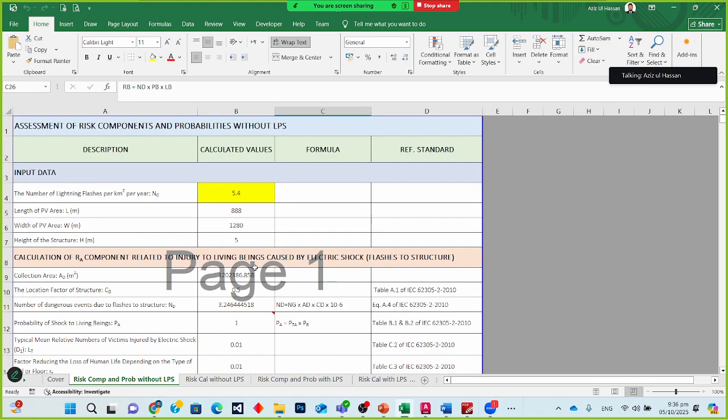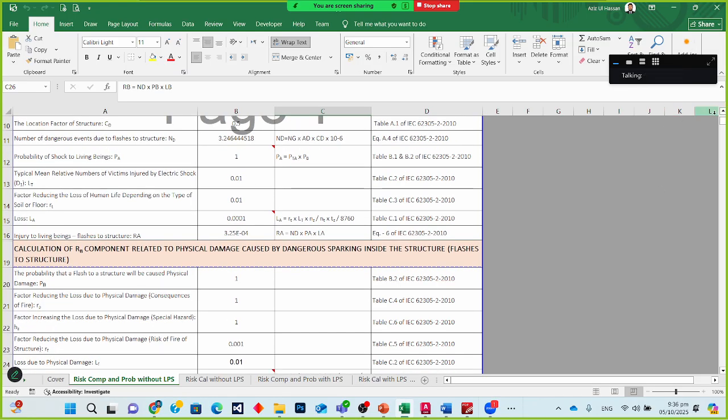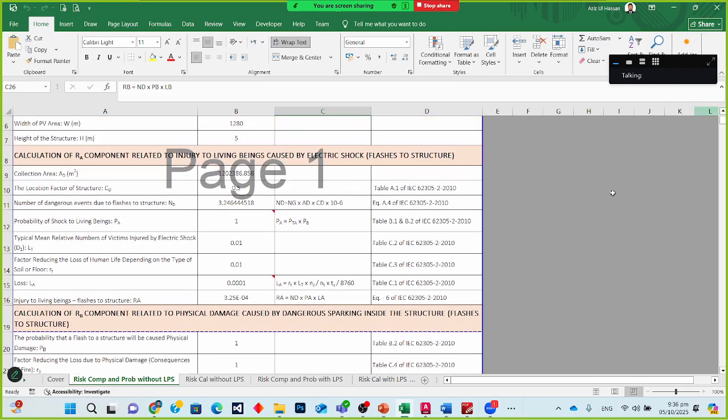So I will show one calculation of the risk component here. You need these three types of values: first the ND value, the PA value, and then the LA value.